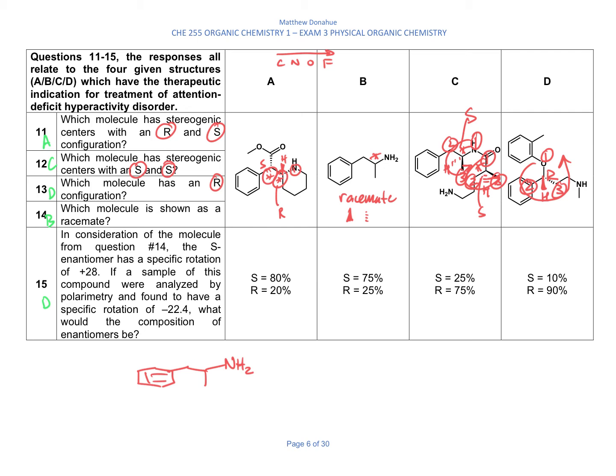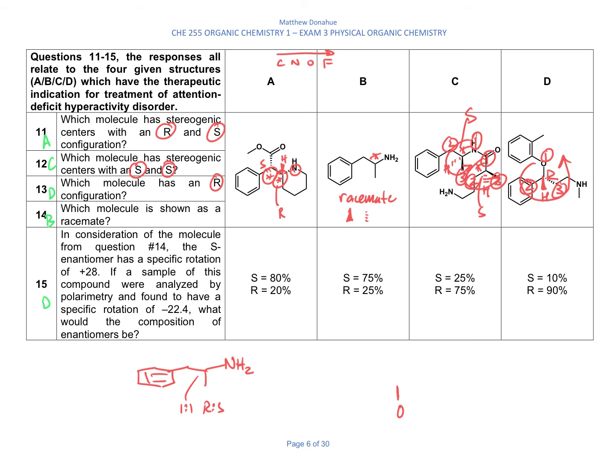And again, it's the racemate because it's not specifying the wedge or the dash, so that means it's a 1-to-1 R to S as drawn. The question, however, is stating the S enantiomer has a specific rotation of plus 28. The way I like to think about this, it's hard to memorize things, so it's easy if you spend some time just thinking about it.